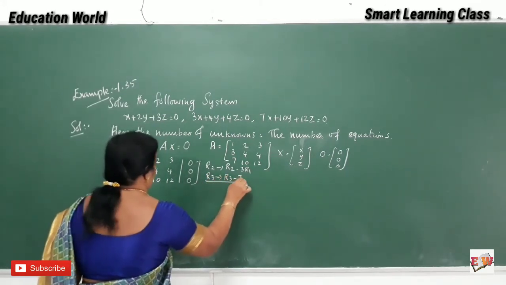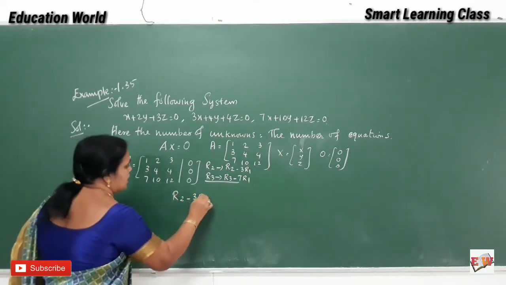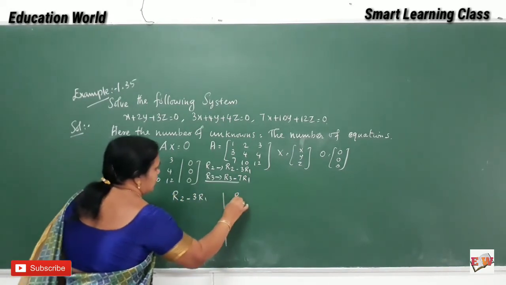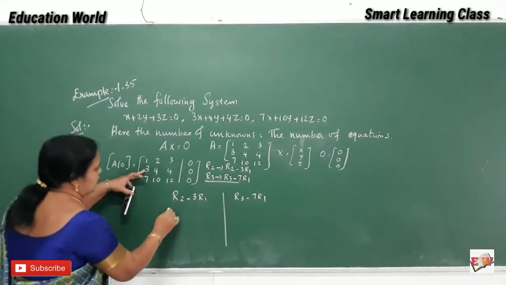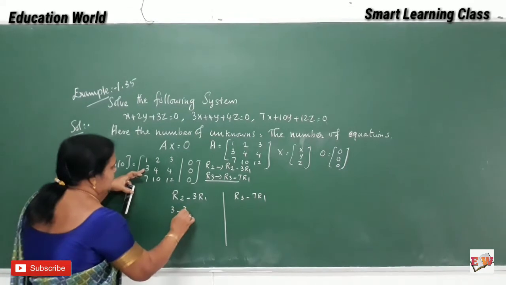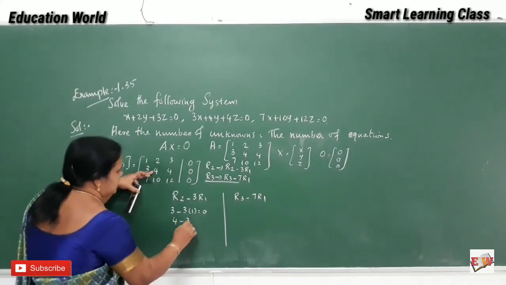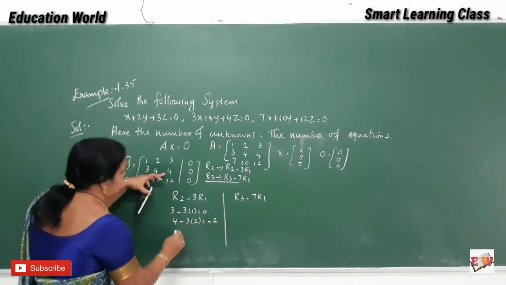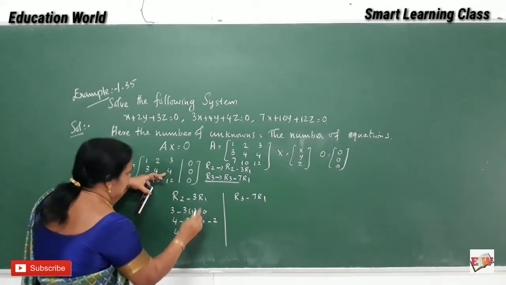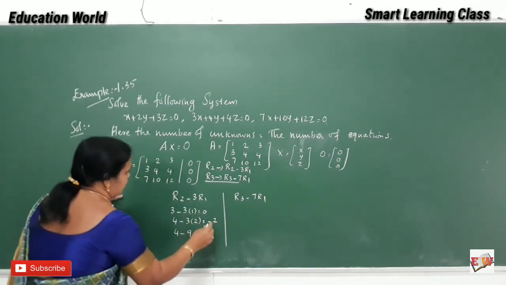R3 minus 7R1. You just find this R2 minus 3R1, R3 minus 7R1. What is this R2? 3 here, minus 3 into 1, 0. Here 4 minus 3 into 2, 4 minus 6, minus 2. Here 4 minus 3 into 3, 4 minus 9, minus 5. Then 0.